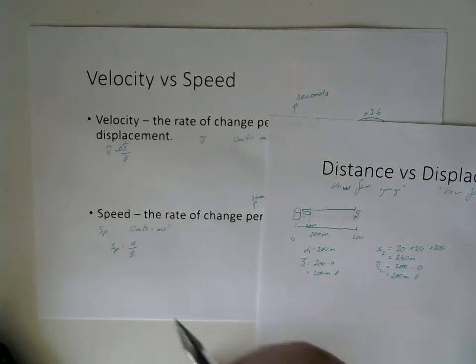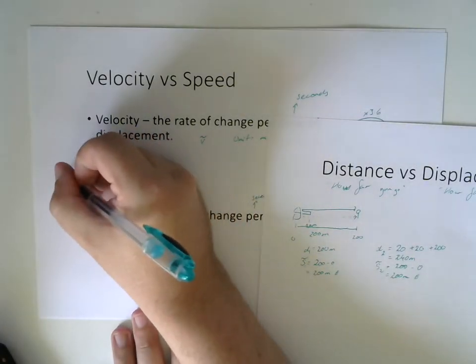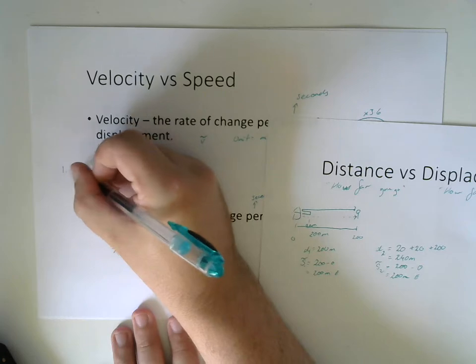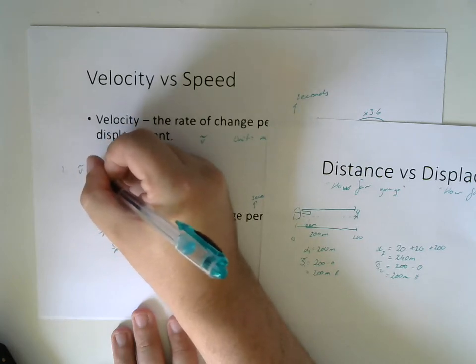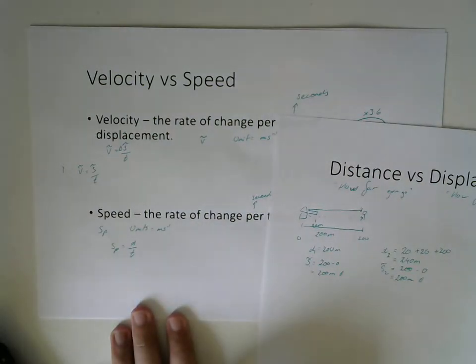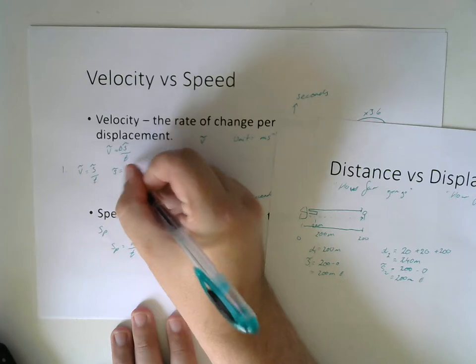Alright, so let's do scenario 1. For scenario 1, velocity is equal to displacement divided by time. I know from this story here that displacement is equal to 200.